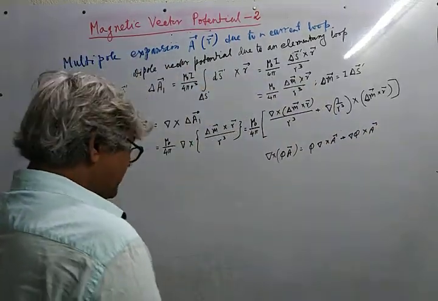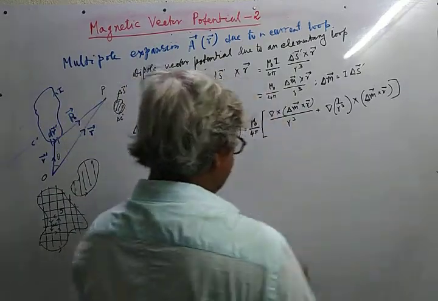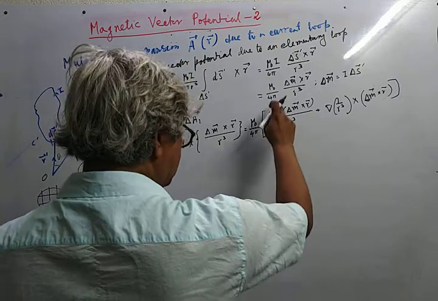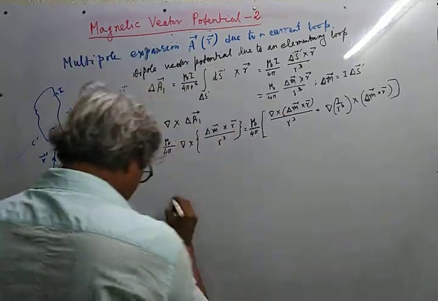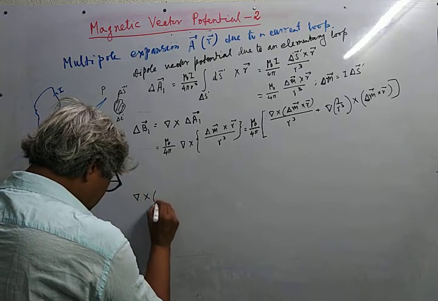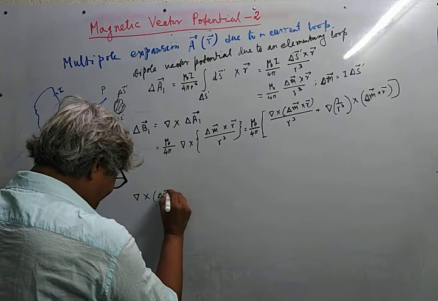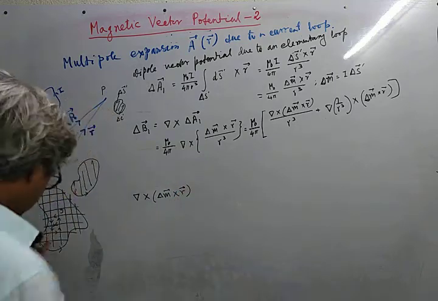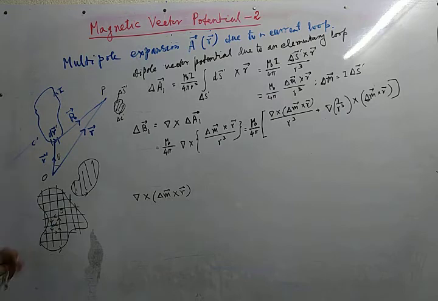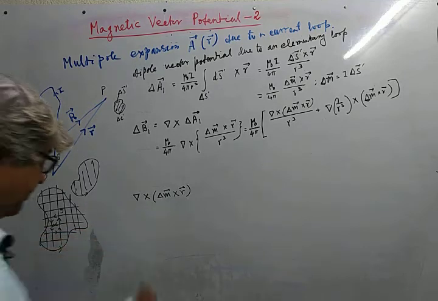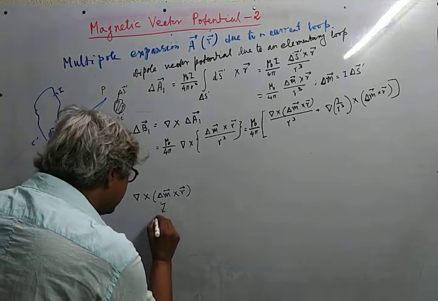Let me first evaluate the terms one by one. Consider this term. For an elementary ring, the area is fixed, so delta m is not changing. So you consider delta m to be a constant vector.